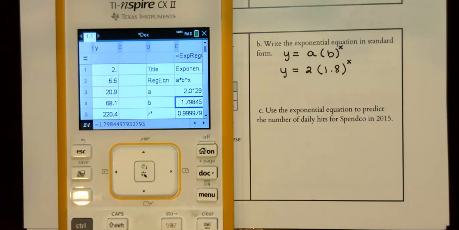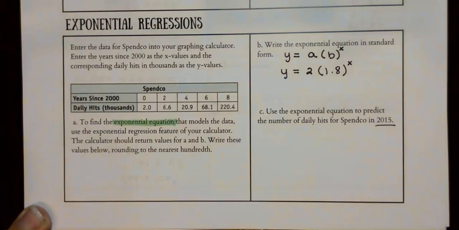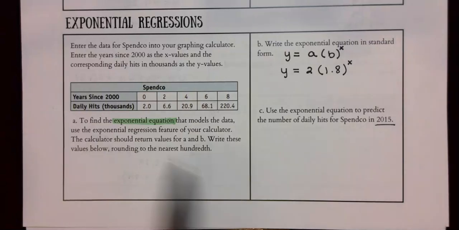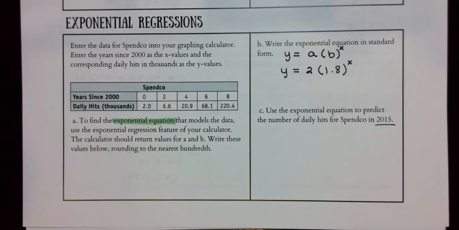So if you look at part C, it says predict the number of daily hits for SpendCo in 2015. Once again, we're not using 2015. That's not our x value. Our x value is 15 because we're looking to see how many years after 2000.